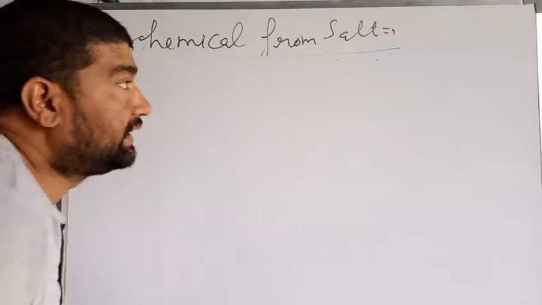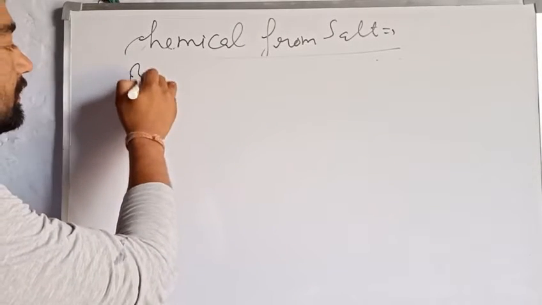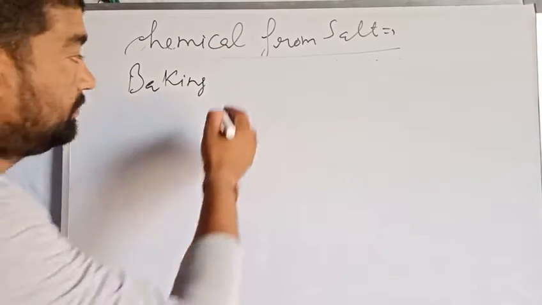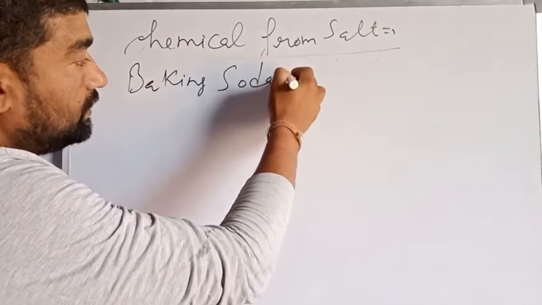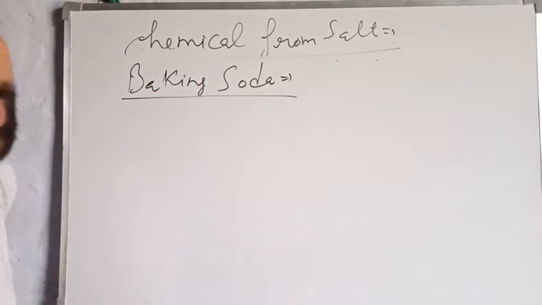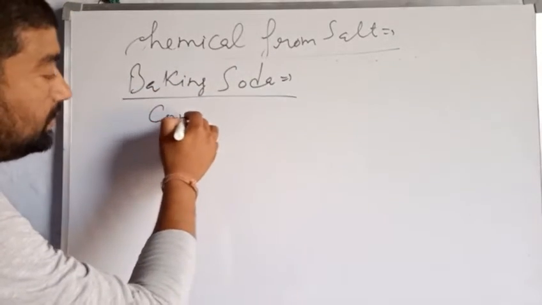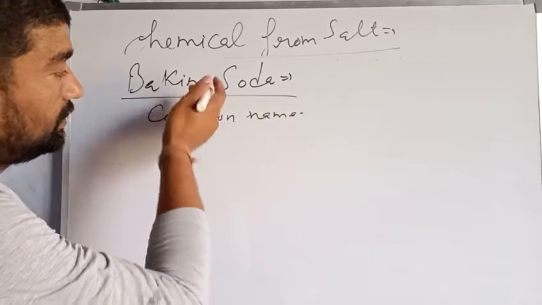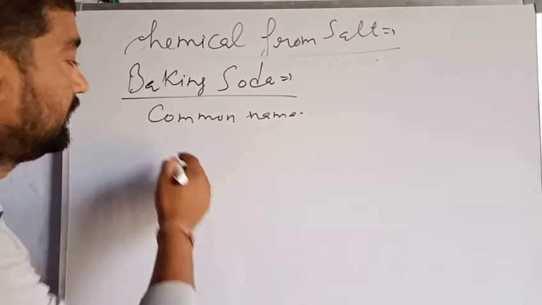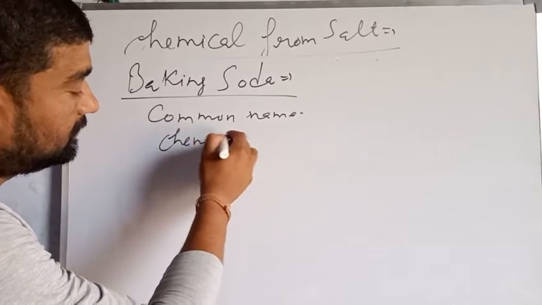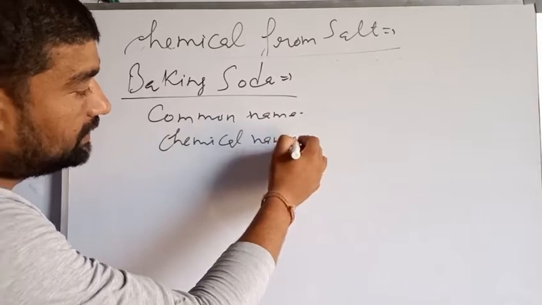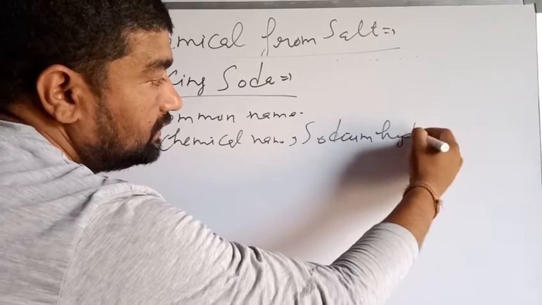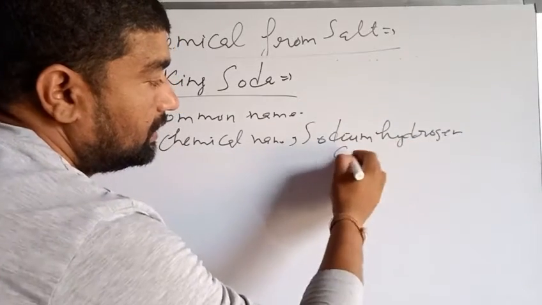Okay, so the next topic is baking powder, or baking powder we'll discuss later. First we talk about the baking soda. So when we talk about the common name, the common name is baking soda itself, and its chemical name is sodium hydrogen carbonate.